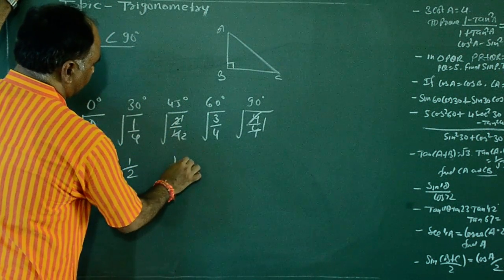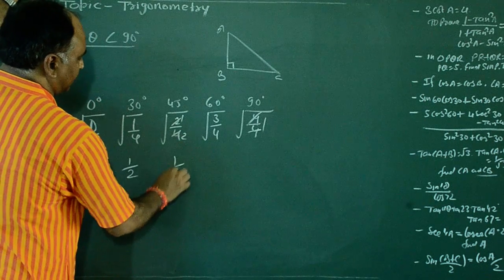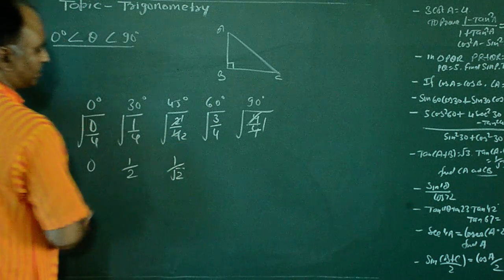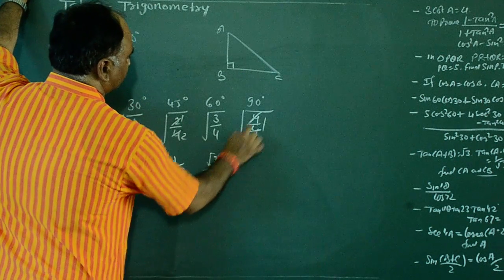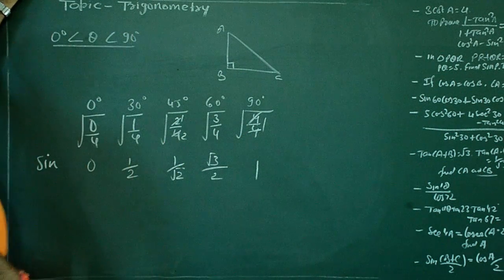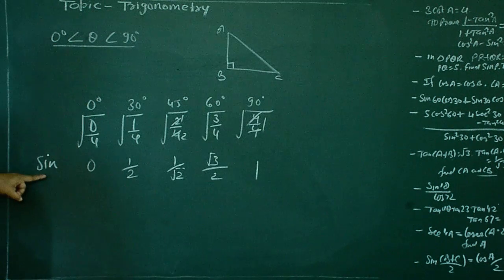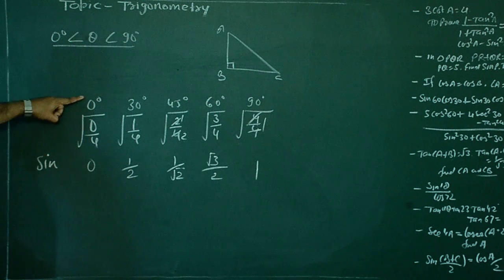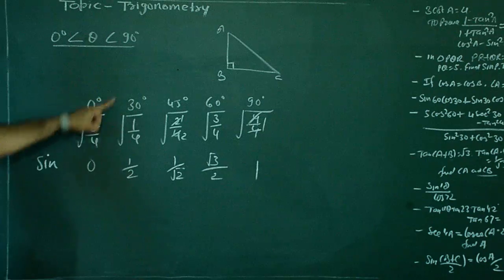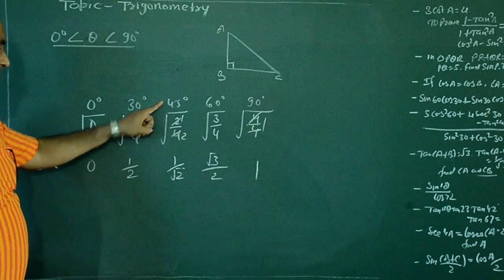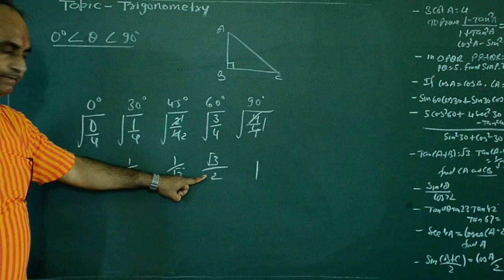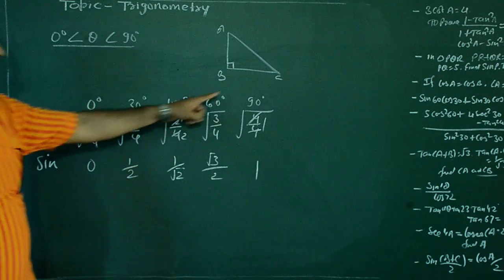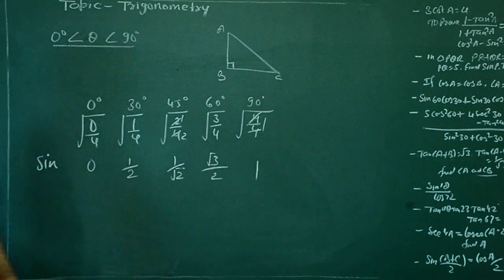Here square root of 1 and then root 2. And now root 3 upon 2 and then 1. So look here, you have here value for sine 0 degree 0, sine 30 degree 1 by 2, sine 45 degree 1 by root 2, then sine 60 degree root 3 by 2, and then sine 90 degree 1.